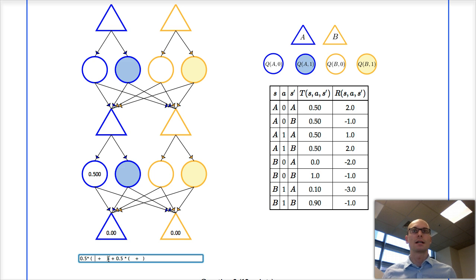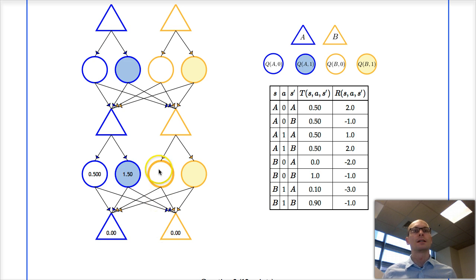To go from A with action 1 into A, that's this row over here, we get a reward of 1. Then if we were to go to B, we get a reward of 2.0, and the value at the next state is 0.